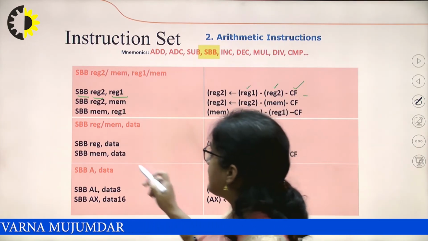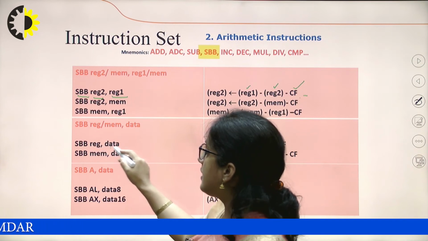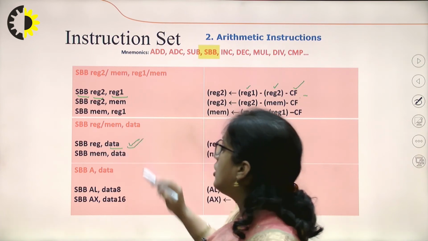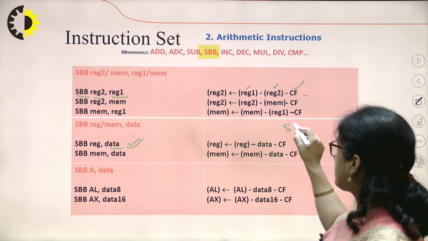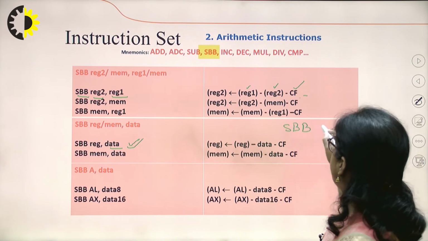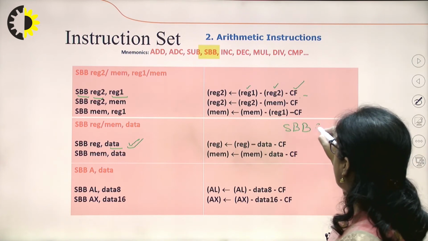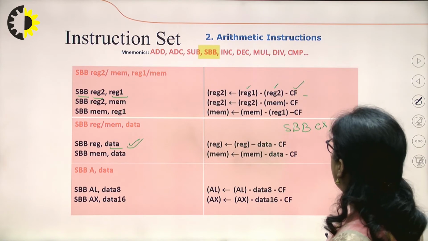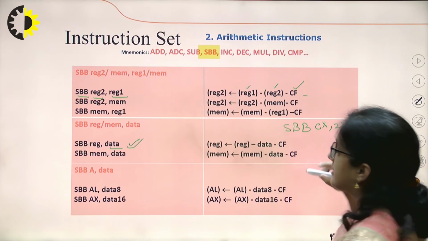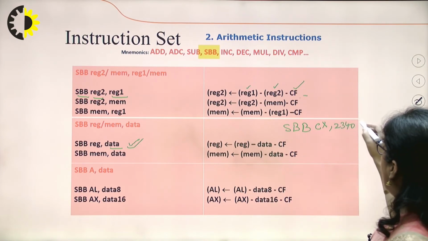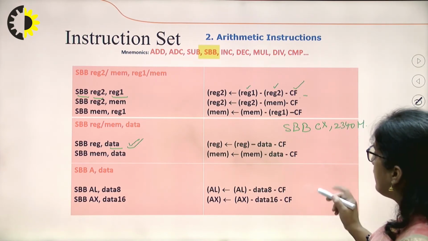In case of SBB register, data, this is the immediate condition. So we are specifying the register. Suppose we are specifying CX comma data, 2340, 16-bit data. So what will happen here?